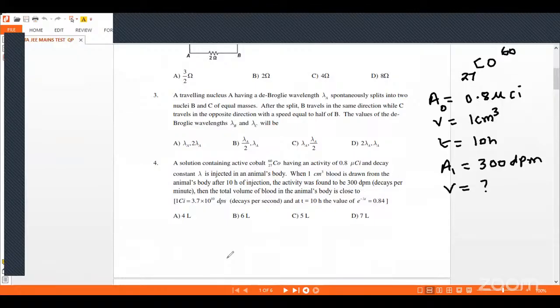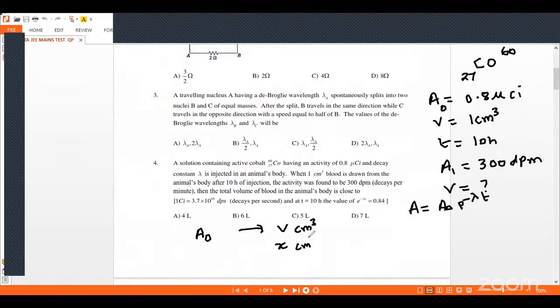Since we know that activity A equals A naught times e power minus lambda t. Let us consider an activity of volume X. For volume V centimeter cube, we have activity A naught.